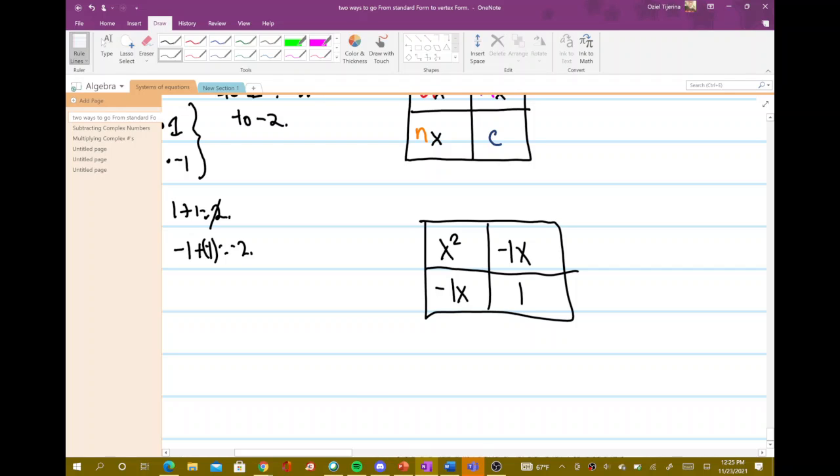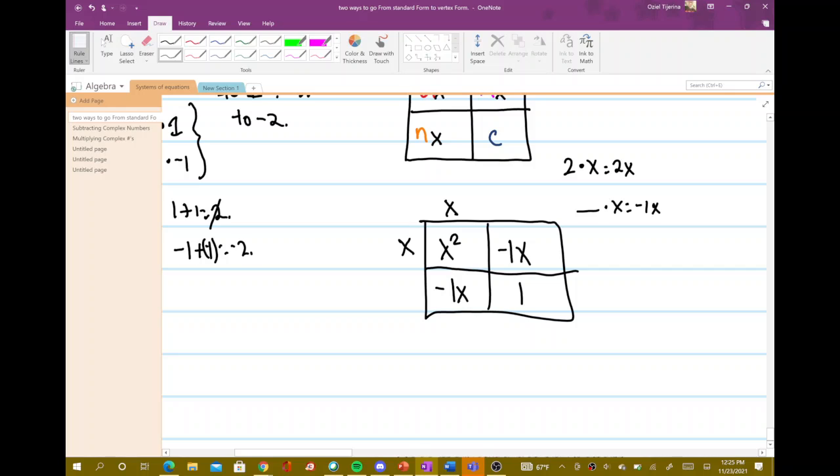Now, what is the simplest way to understand what x squared equals? We can have x times x, right? Because that's x squared. What about -1x? What times x gives me -1x?